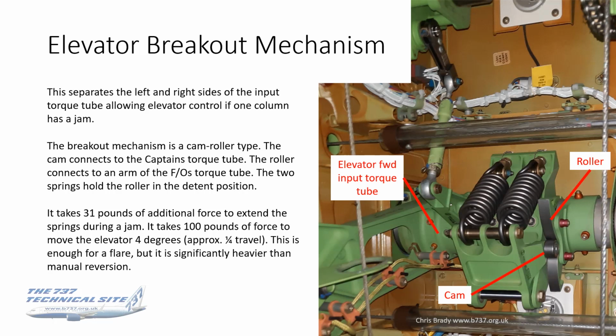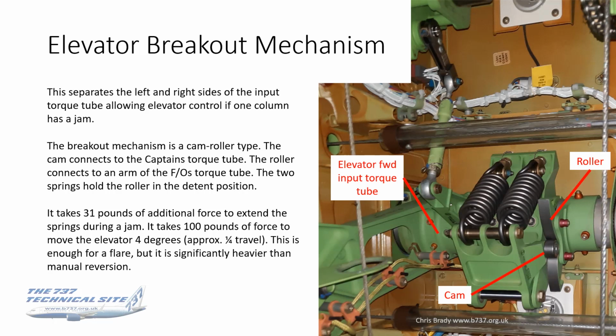It'll take about 31 pounds of additional force to extend the springs during a jam, which isn't much, but it will take about 100 pounds of force to move the elevator 4 degrees, which is around about quarter travel. Now, this is enough for a flare, but it's significantly heavier than the manual reversion.